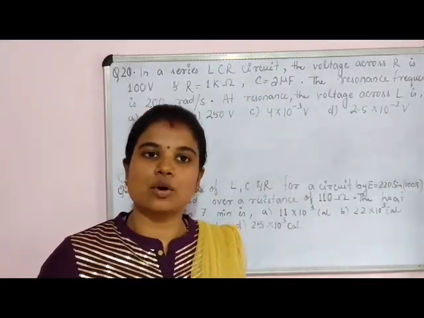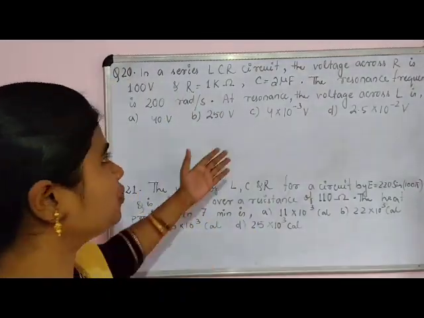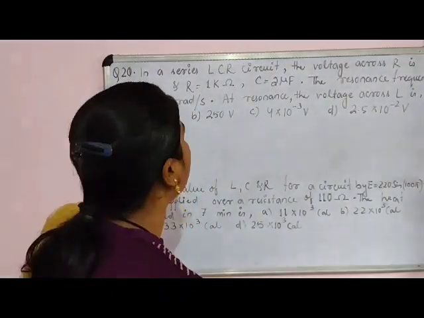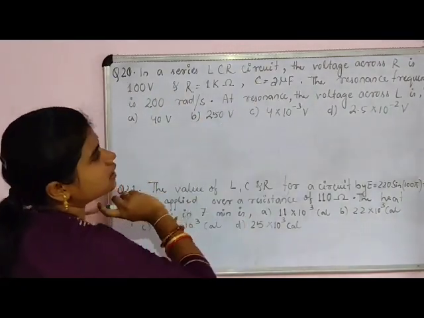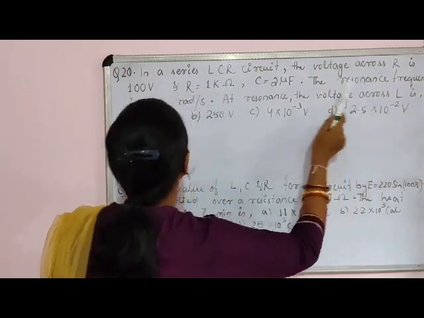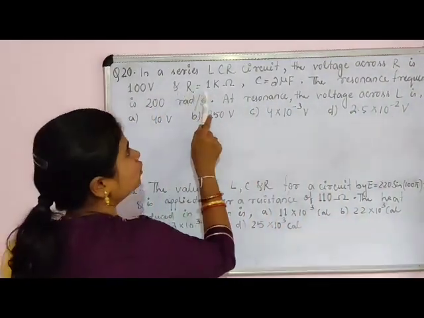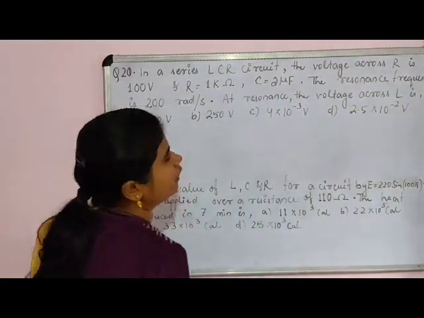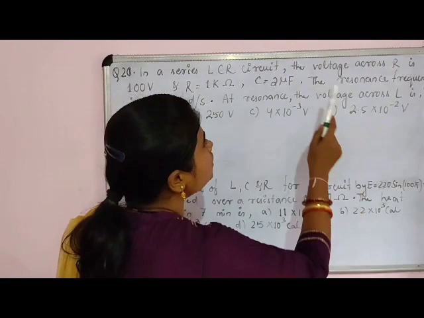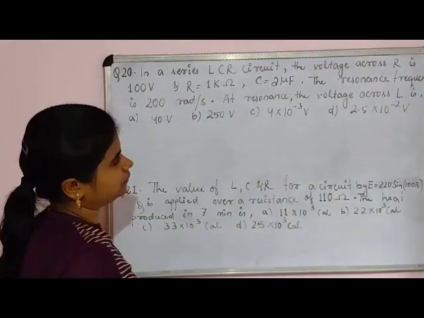So I hope the previous question is clear to all of you. Now we are having the 20th question with us, and it is saying in a series LCR circuit, the voltage across R is 100 volt and resistance R is equal to 1 kilo ohm, capacitance equal to 2 microfarad. The resonance frequency is 200 radian per second.